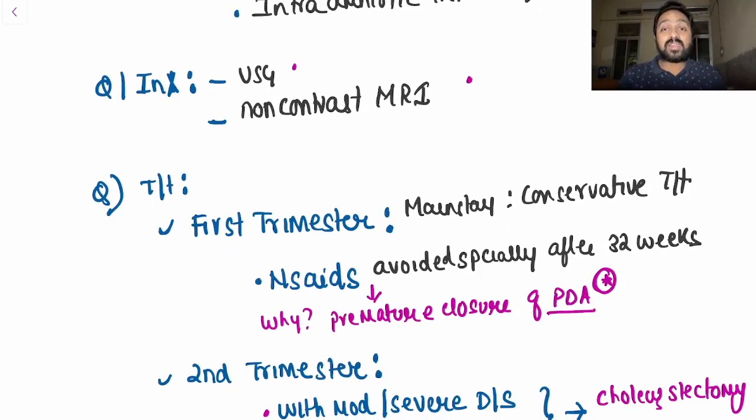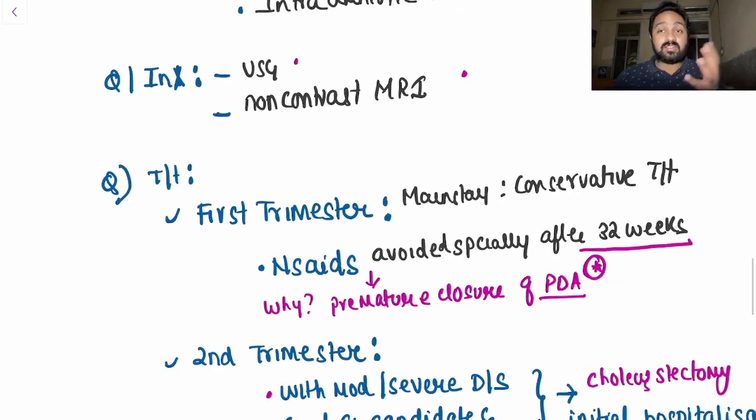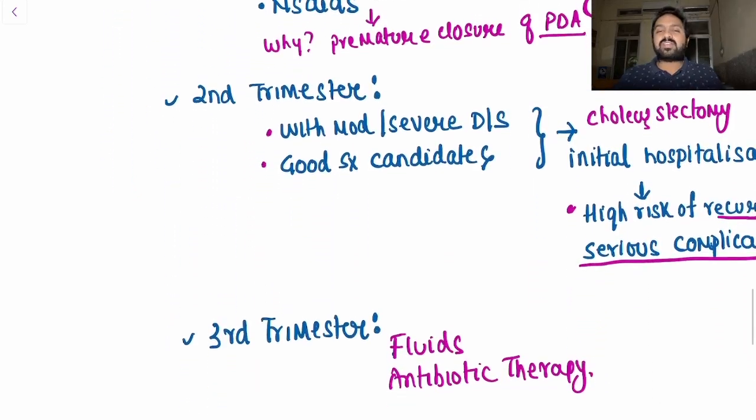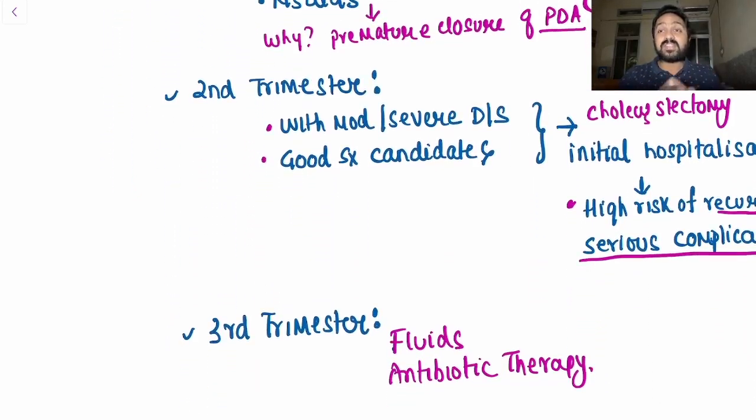NSAIDs are avoided because they cause premature closure of the PDA, specifically after 32 weeks. In the second trimester, there are high chances of complications in the subsequent period, so cholecystectomy is usually done during the initial hospitalization. In the third trimester you would generally manage with fluids and antibiotic therapy and re-evaluate after delivery, and the waiting period is usually 6 weeks.